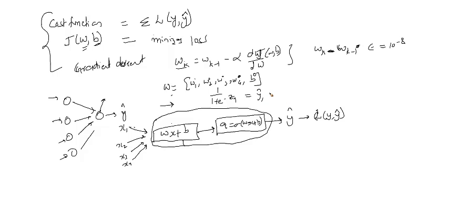And then you already know y for your example, so you can compute the loss of y comma y hat, which, remember, is y log y hat plus 1 minus y times log of 1 minus y hat.